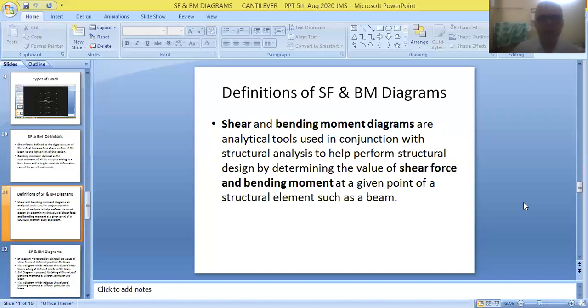Some more information is given. These diagrams are analytical tools used for structural analysis, for performing structural design by determining the value of shear force and bending moment at any given point of a structural element, generally referred to as beams.